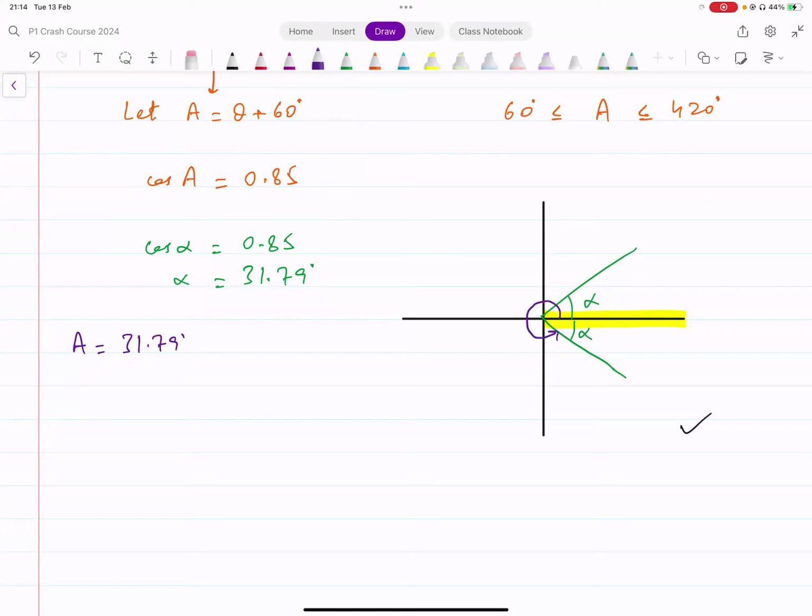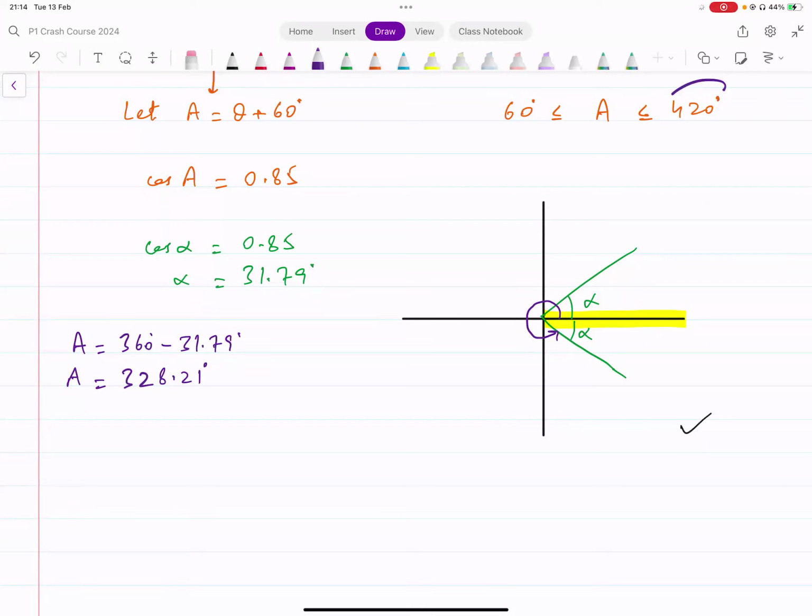This is the next angle that we're getting. That is what we're actually going to consider. And that's 360 minus 31.79, which gives us 328.21. That's the value of A that we have. That's one value.